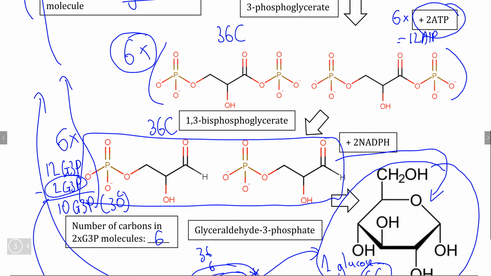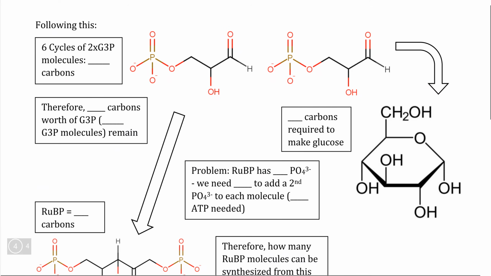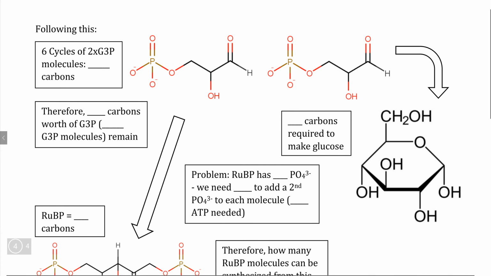And of course, we need to make this change as well for the amount of ATP we need and the amount of NADPH that we would need, because all of these are reactants for a Calvin cycle as well. So the only thing that remains to discuss is how we can actually get our glyceraldehyde 3-phosphate back to RuBP.